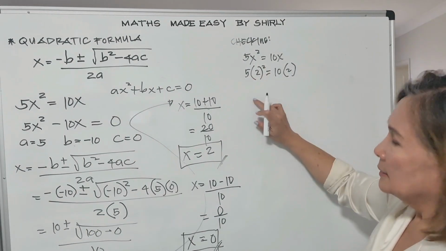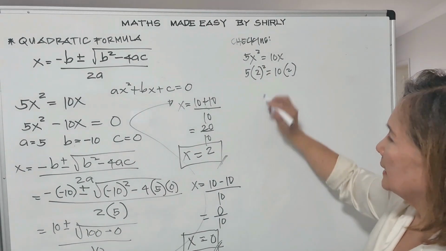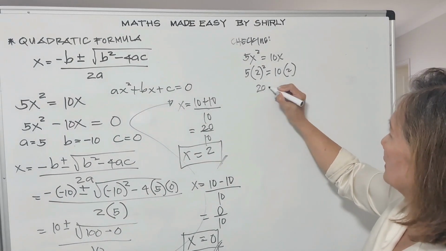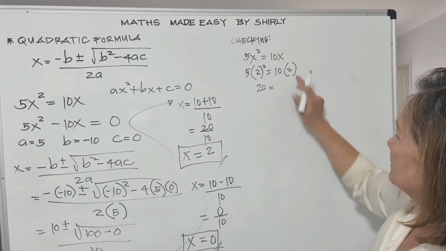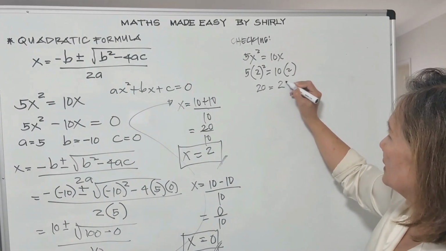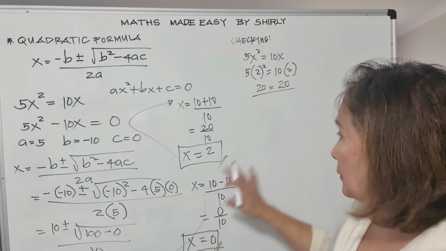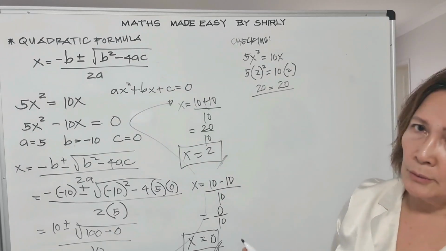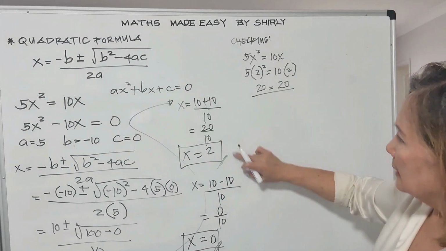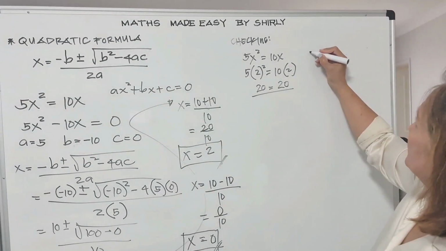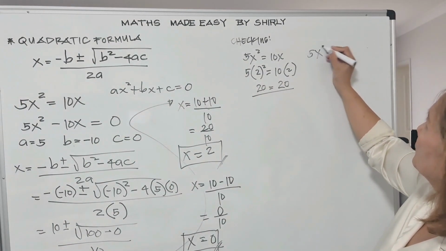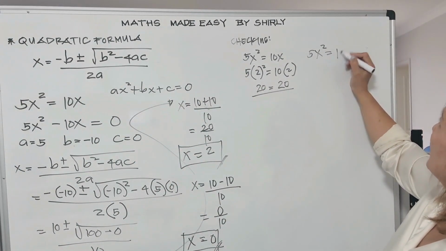When you square 2, that is 4 times 5, that is 20. And 10 times 2 equals 20. Therefore, our answer is correct. The value of x, which is 2, is correct. The other one, let's do this again. 5x squared equals 10x.